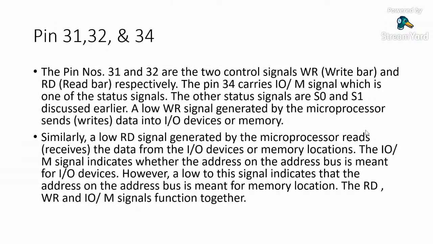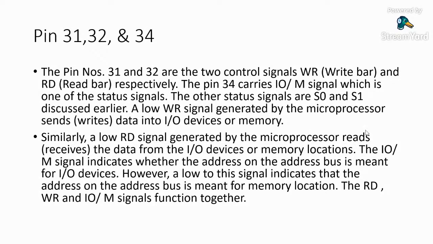The IO/M signal indicates whether the address on the address bus is meant for an input-output device. However, a low level of the signal indicates that the address on the address bus is meant for a memory location.